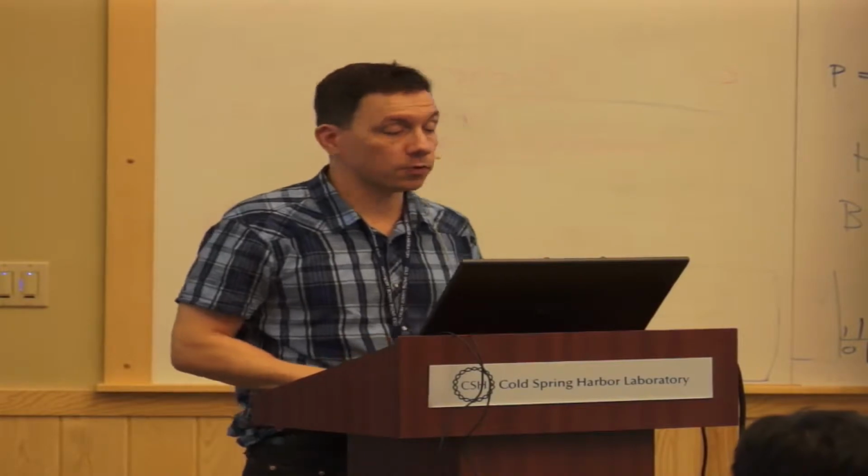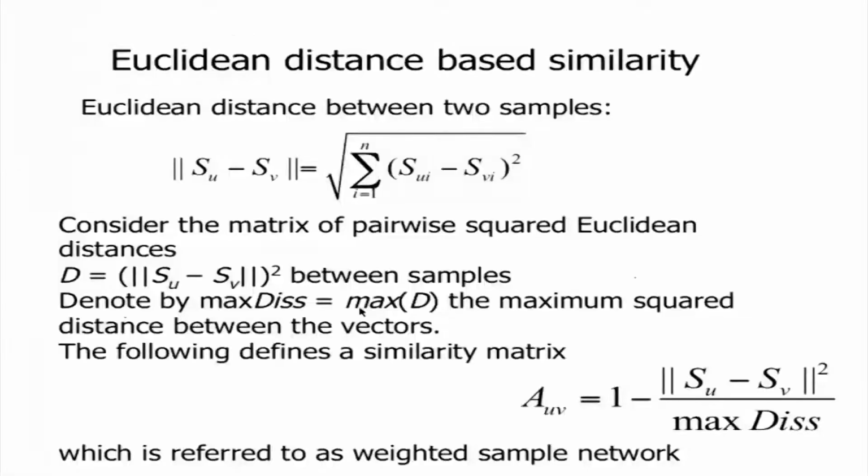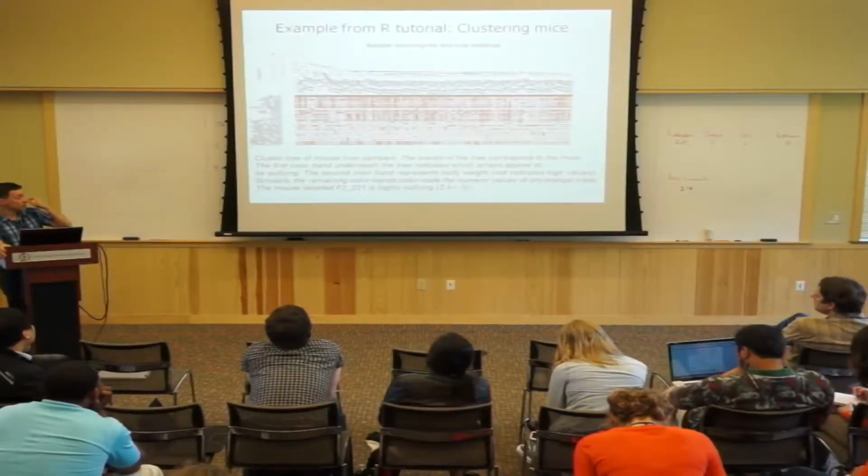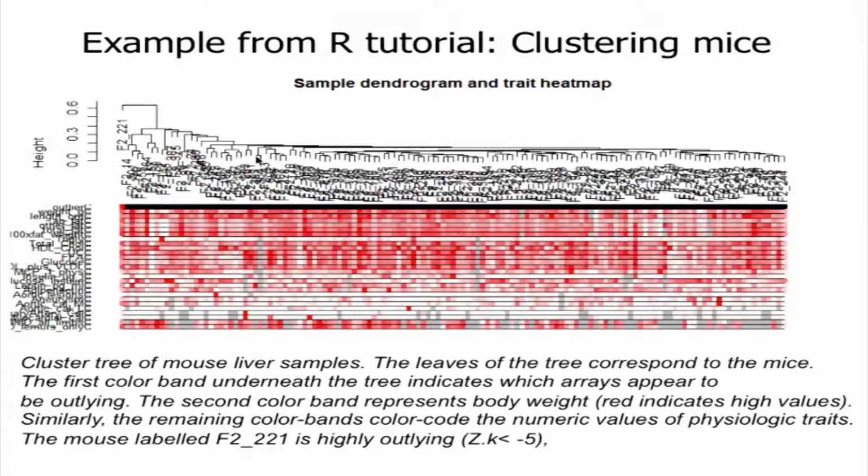Let me also mention that these methods are, of course, often used for finding outliers. So, for example, you can form the Euclidean distance between microarray samples, and then you can cluster the microarray samples. So in our R software tutorial, we will produce this hierarchical plot where each little leaf corresponds to a mouse.